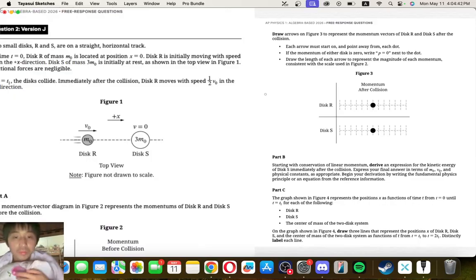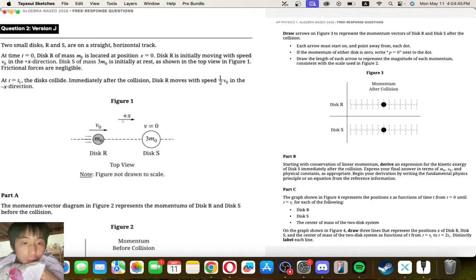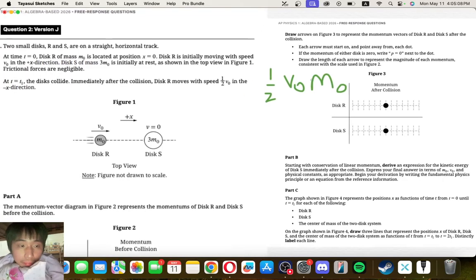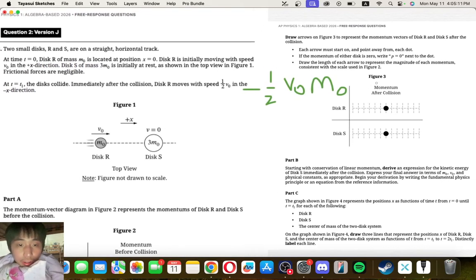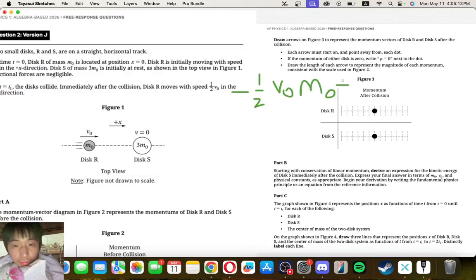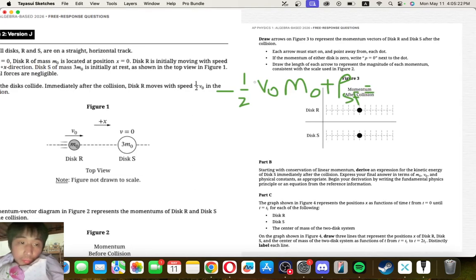This R momentum equals 1/2 V0M0, and this is negative, okay. Plus the momentum of S final, which is equal to the momentum initially.